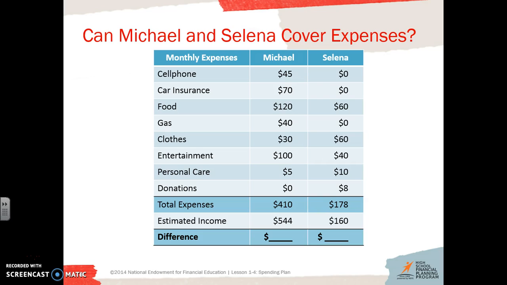So I want you to take a look at these two individuals and see, do Michael and Selena both have enough money to pay for their expenses this month? What do you think? Try and figure that out, and in our next section we'll discuss who has saved enough money and who might need to rethink their spending plan.